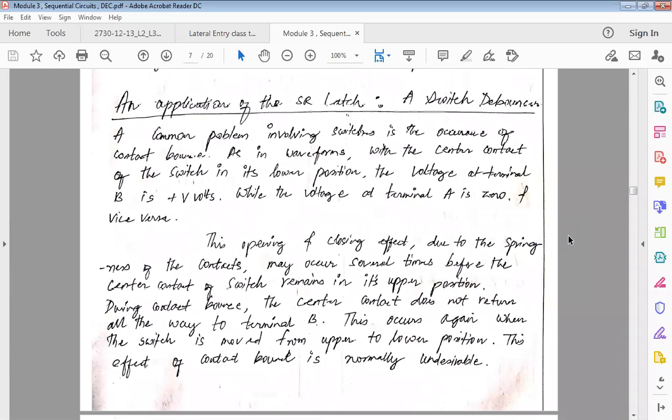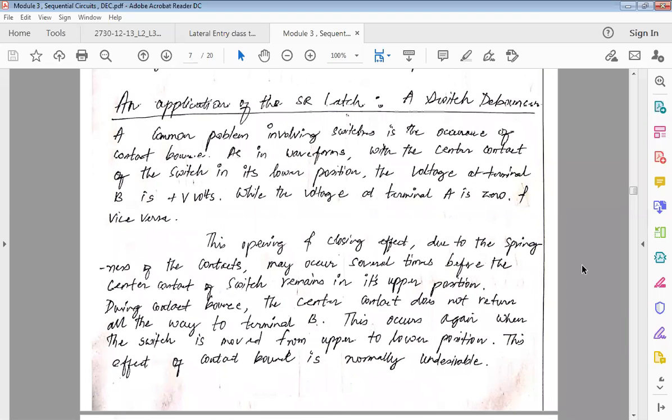Generally when we use switches, there can be a small spark internally. I don't know how many of you have observed this. Whenever you turn on or turn off, generally when you turn on, you will see a small spark. This can be avoided when we use a switch debouncer.